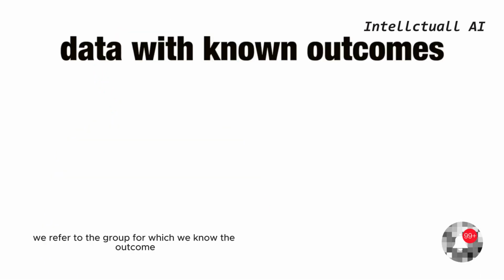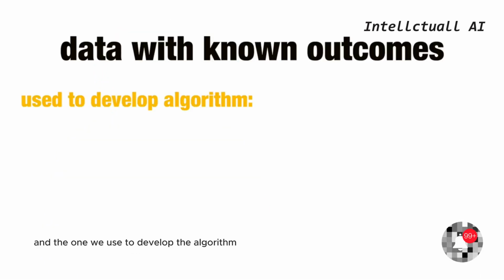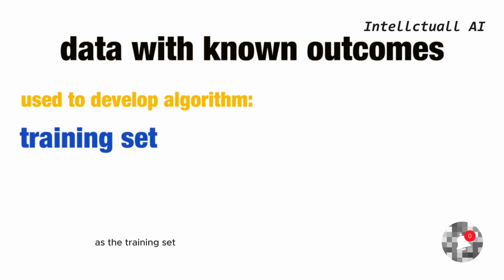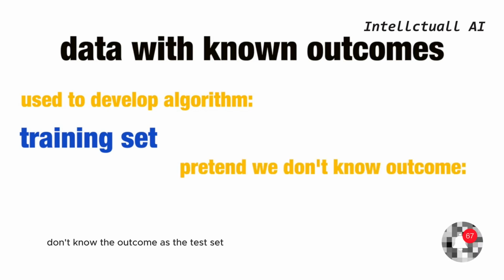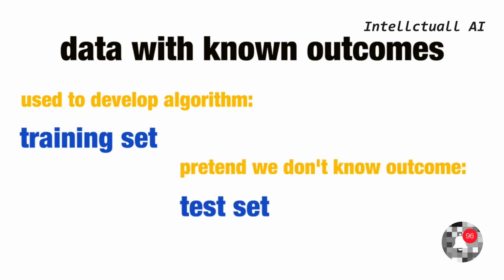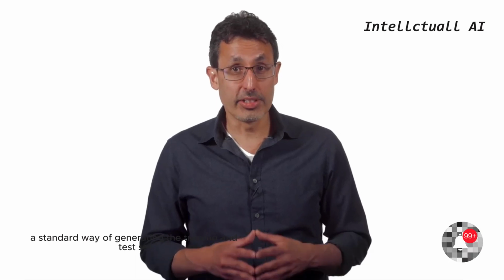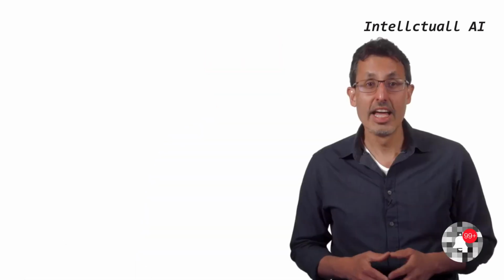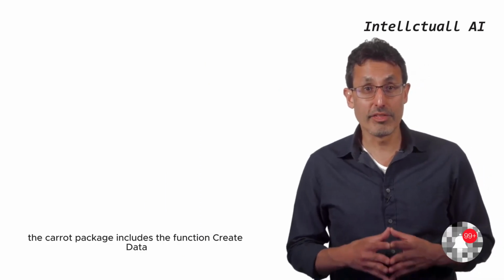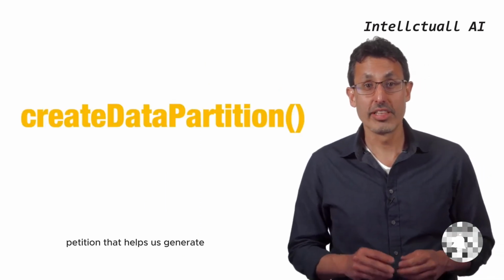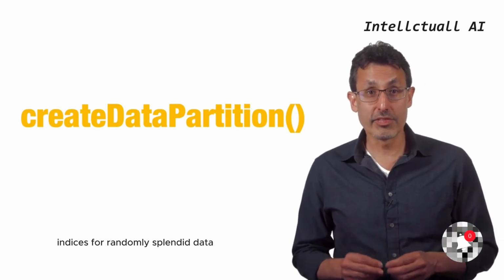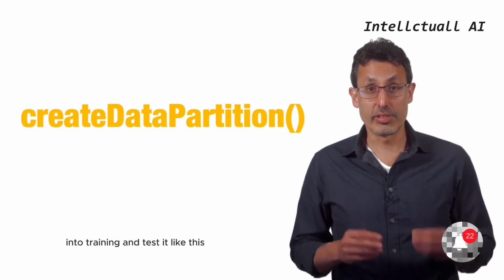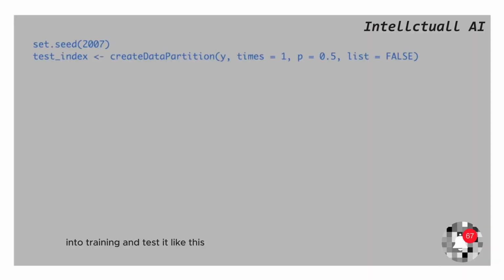We refer to the group for which we know the outcome, and the one we use to develop the algorithm, as the training set. We refer to the group for which we pretend we don't know the outcome as the test set. A standard way of generating the training and test set is by randomly splitting the data. The caret package includes the function createDataPartition that helps us generate indices for randomly splitting the data into training and test set, like this.